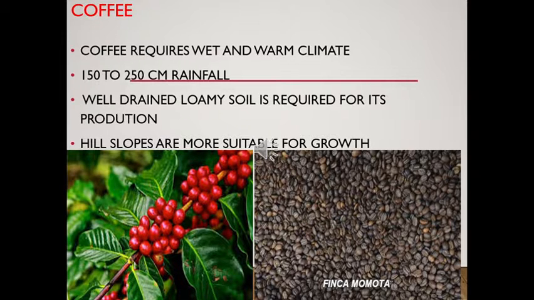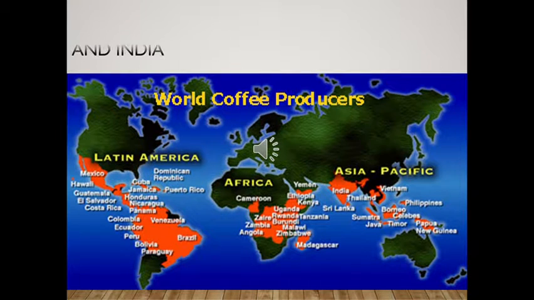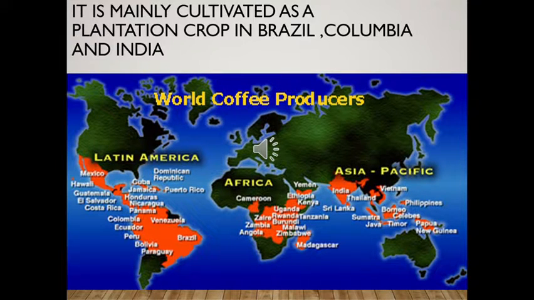Coffee requires wet and warm climate, 150 to 250 centimeter rainfall, loamy soil and hill slopes. It is mainly cultivated in Brazil, Colombia and India.